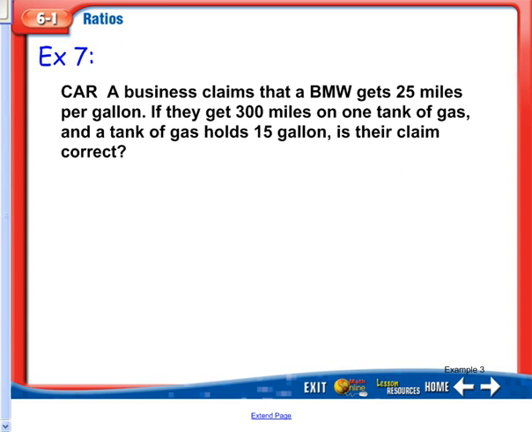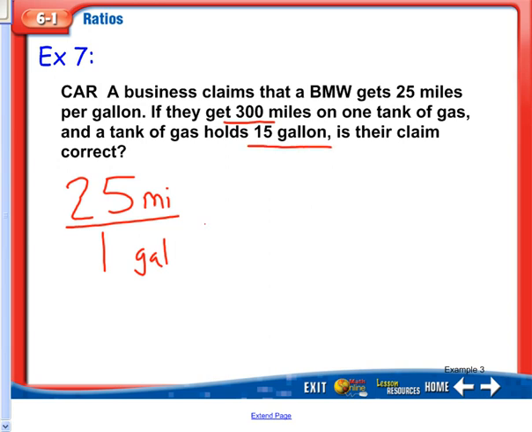Example 7. Cars. A business claims that a BMW gets 25 miles per gallon. So right off the bat, I'm going to write 25 mi for miles over 1 gallon. If they get 300 miles on 1 tank of gas, and a tank of gas holds 15 gallons, is their claim correct? So again, now we're looking at 300 miles for 15 gallons.